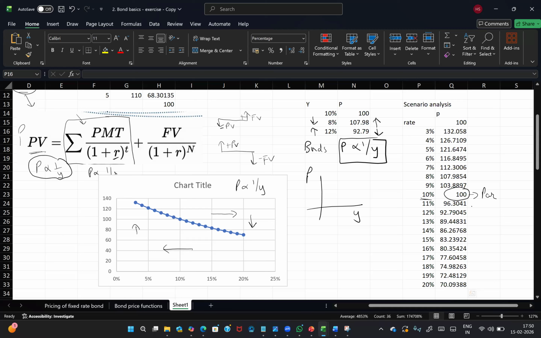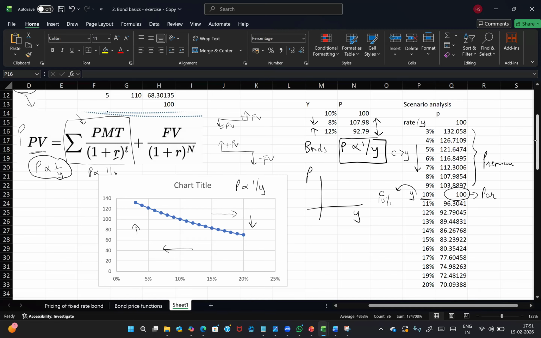You can also clearly see the relationship between the coupon rate and the yield. The rate or the yield is here in this column. Coupon rate is always fixed at 10%. As soon as the yield falls below the coupon rate, whenever C is greater than Y, you see that the bond is trading above 100. So that kind of bond is called a premium bond.